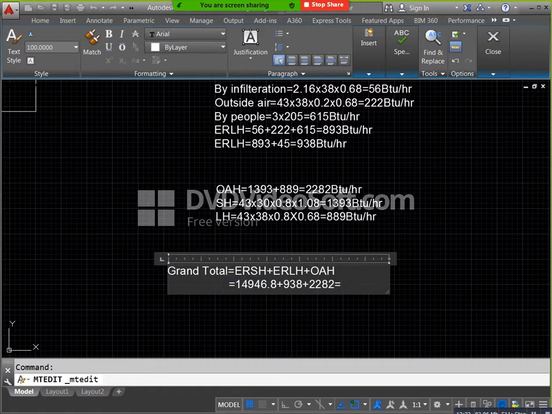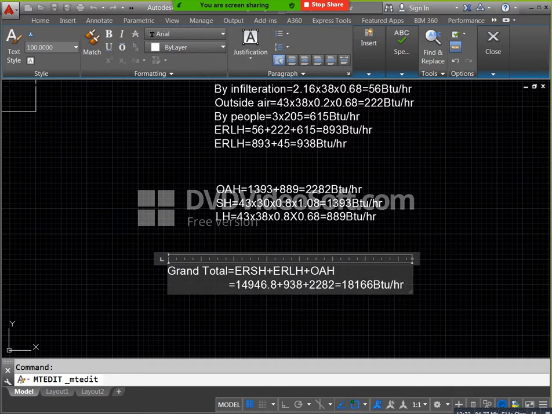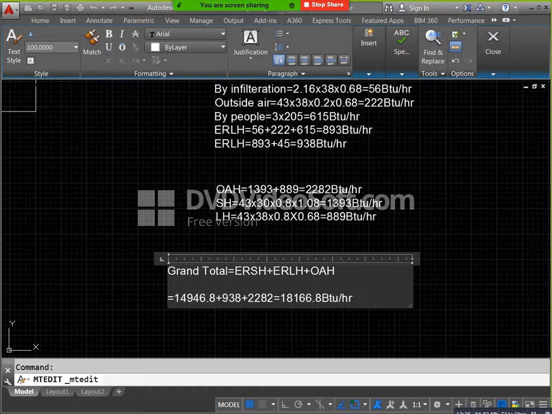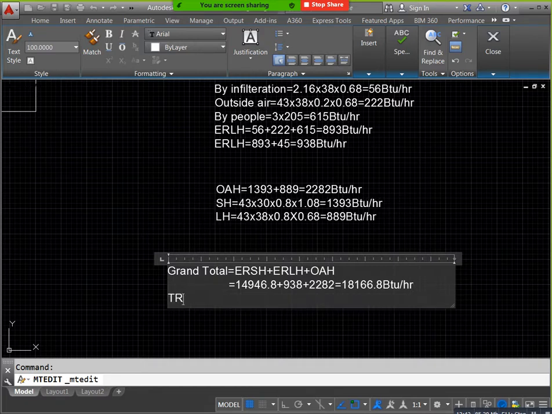Now we need the tonnage value. TR is equal to grand total divided by 12,000. What does this 12,000 mean? 1 TR is equal to 12,000 BTU per hour. That is the standard. We need to convert that BTU heat to a tonnage value.